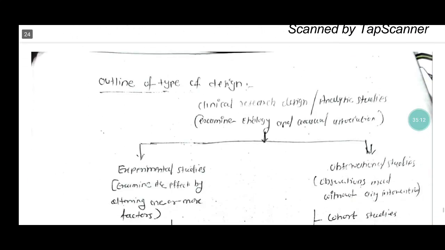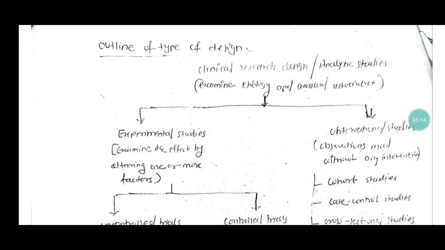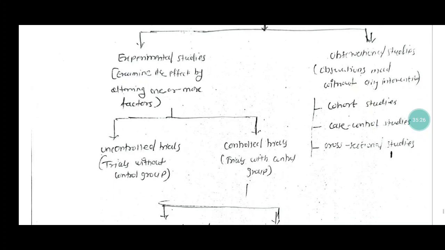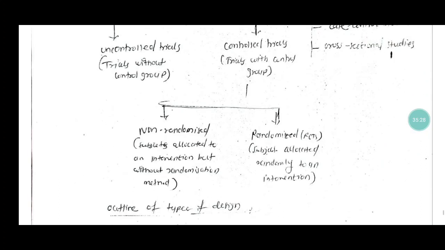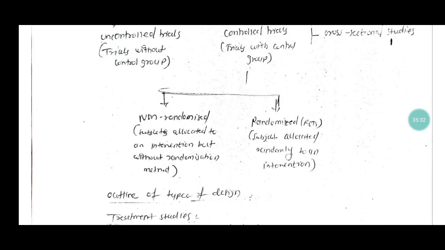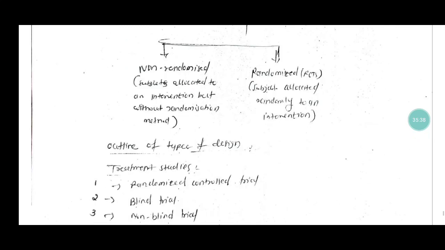So the outline for the type of the design: clinical research study design, analytical, experimental and observational. Experimental is divided into uncontrolled and controlled, where observational is divided into cohort, case series and cross-sectional, where the controlled trials are divided into two, that is non-randomized and randomized.